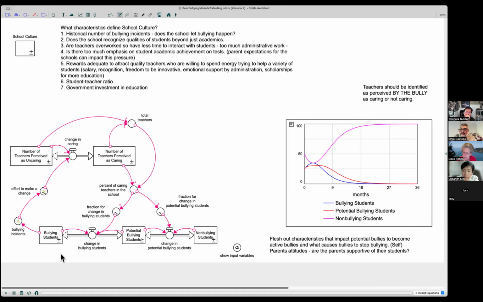Bully per student, and if you put that for bullying students, then bully per student might be affected by other things, because it can increase and it can decrease. A bully might prefer to do one bullying per day or 10 bullying per day, for example. This might have many causes, but as I said, this creates many more complexities.